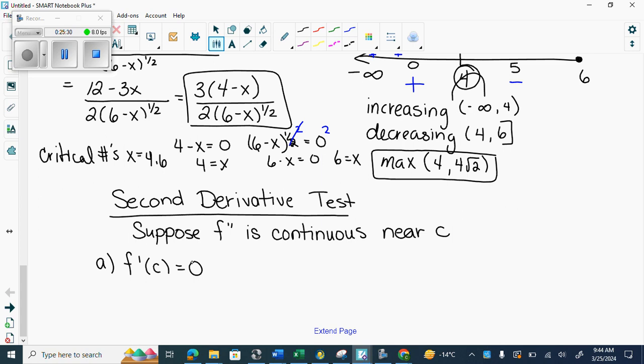And f double prime of c is greater than 0. If I plug that same c into the second derivative and it's greater than 0, then that is a minimum. Then f has a local minimum at c.